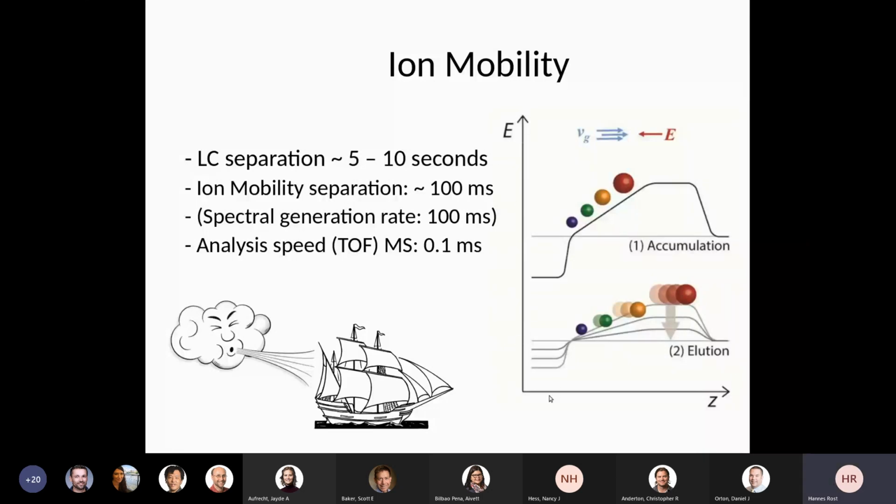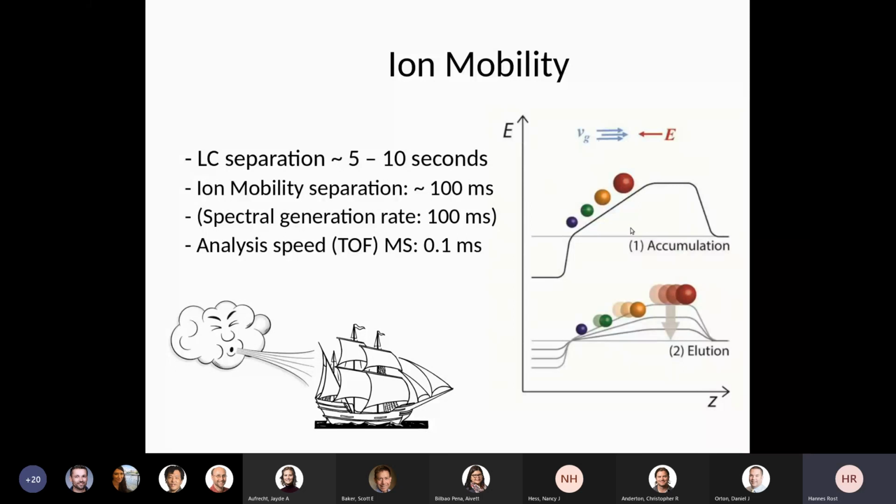Unlike a drift tube ion mobility, a trapped ion mobility device works a little bit differently, namely that here we have an electric potential illustrated in this black line. The electric potential is applied in this direction, and there is a gas that flows from left to right in the forward direction.